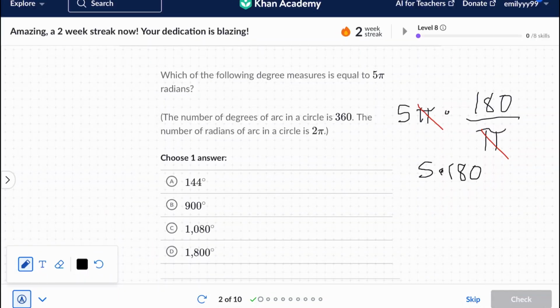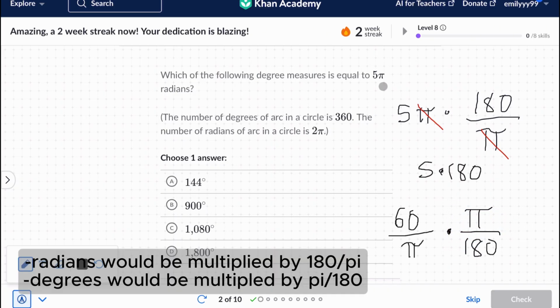And basically, if we're turning degrees into radians, let's say we have 60 degrees and we turn that into radians, we'd want to put a pi at the top, and then multiply by pi over 180.